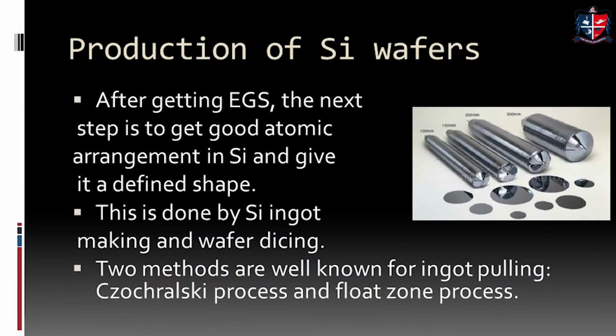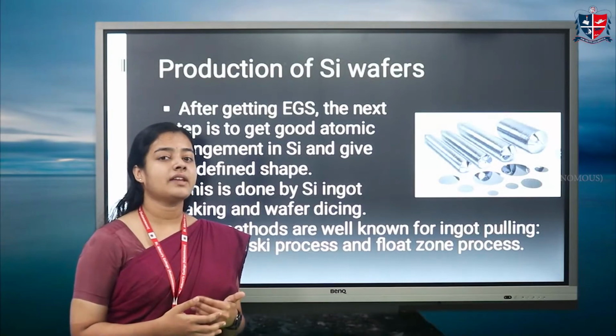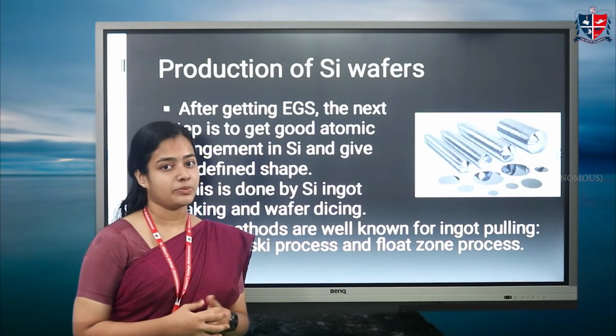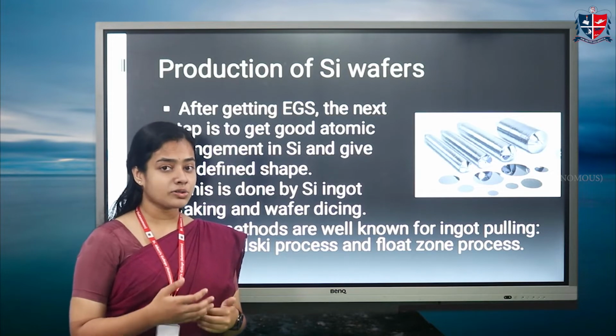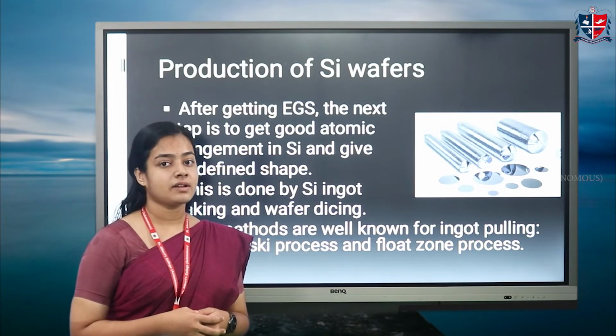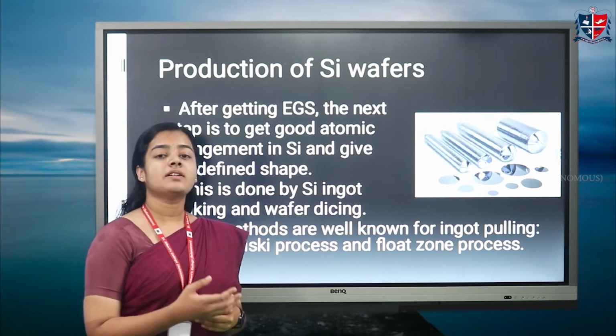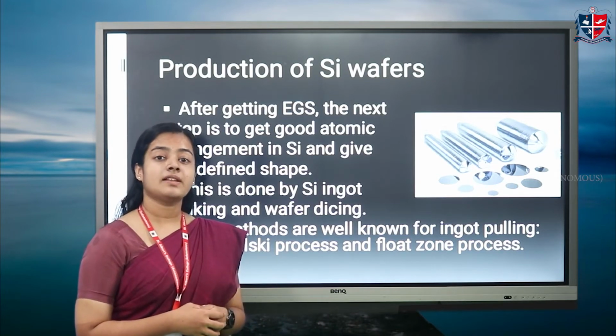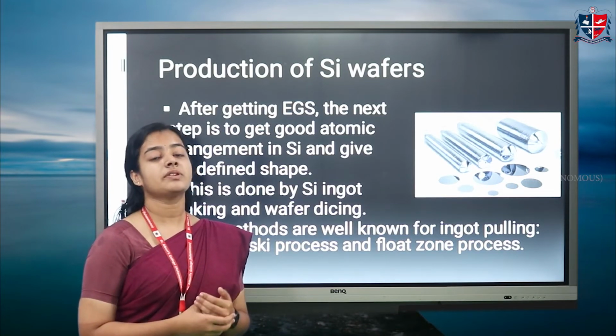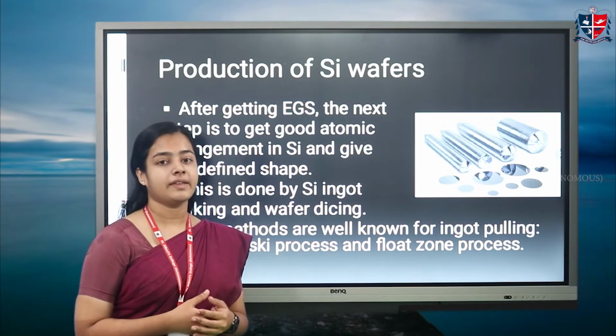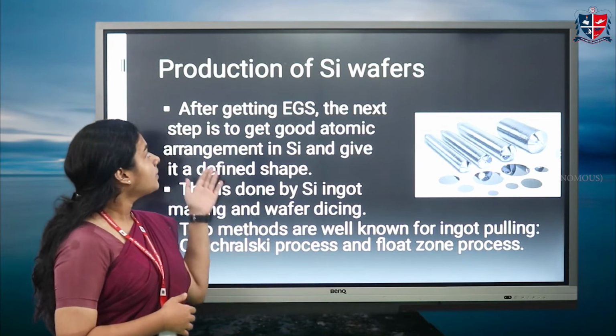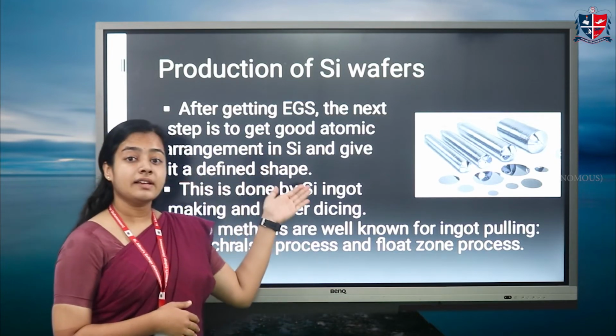After we get the electronic grade silicon, this silicon does not have a good atomic arrangement, and it also has some crystalline defects. So we have to give it a good atomic arrangement as well as a good shape. Here comes ingot making, to produce silicon wafers.